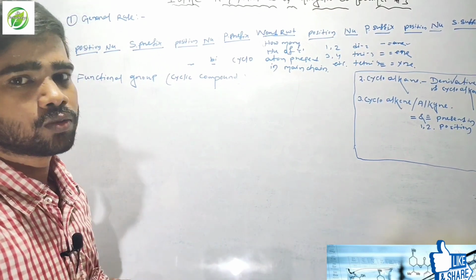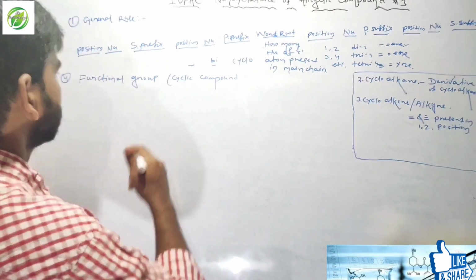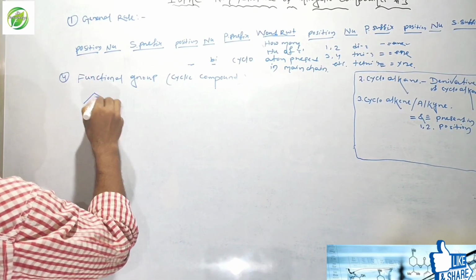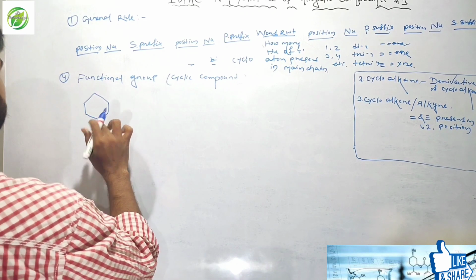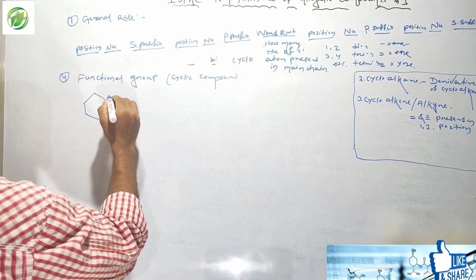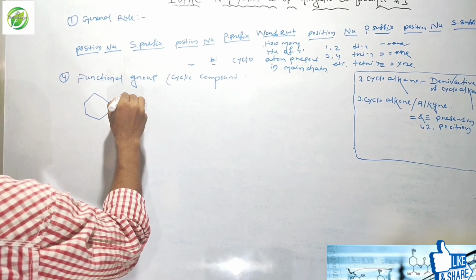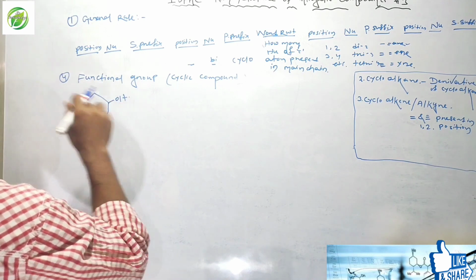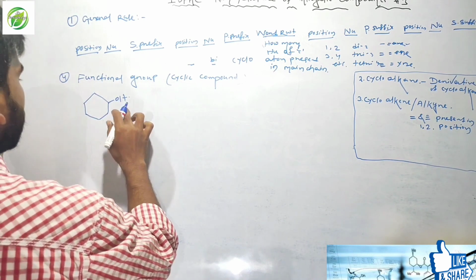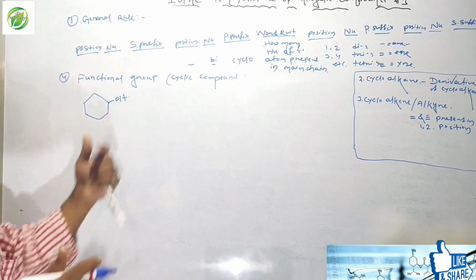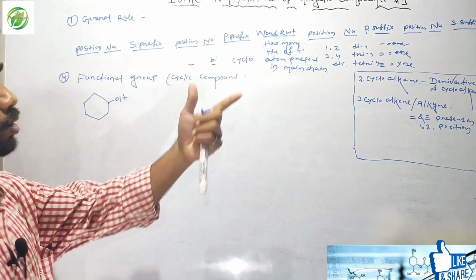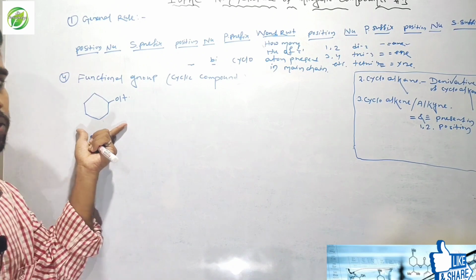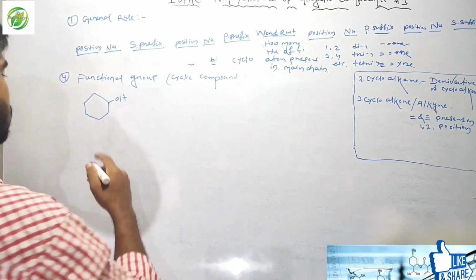Let's try to understand with the help of examples. Friends, this is an OH group. We simply follow these general rules and write the IUPAC nomenclature of this compound.